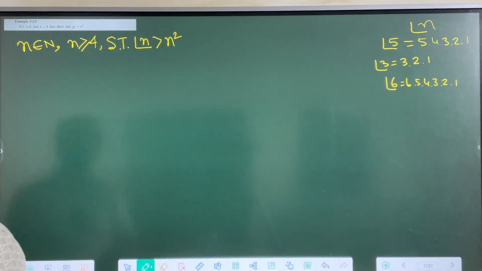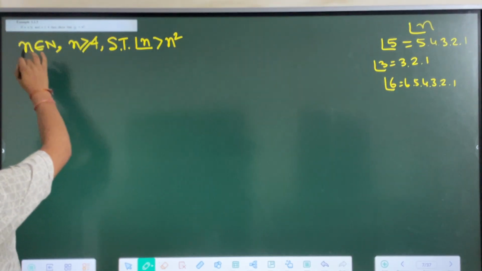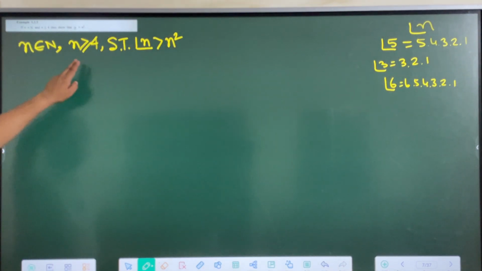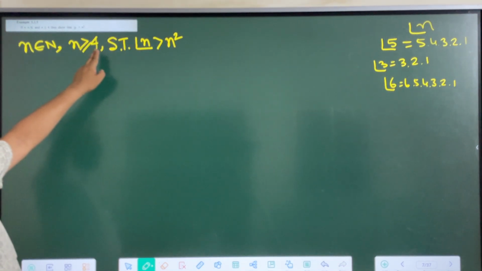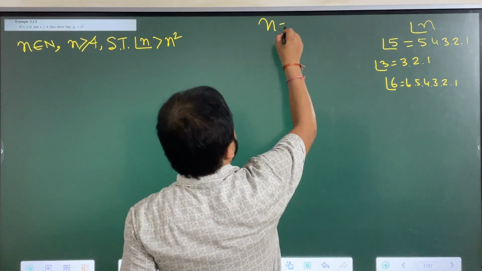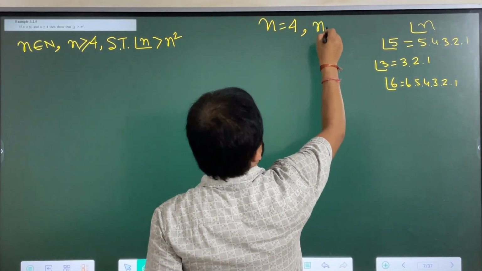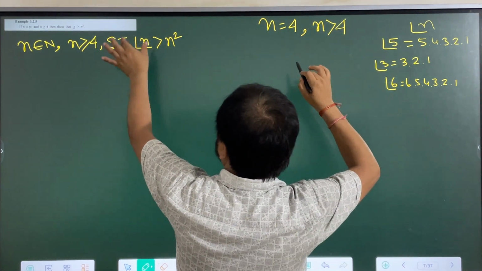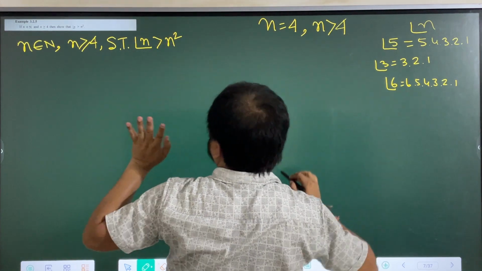Now here what is to prove? Condition is given that n is a natural number, that is a compulsory condition. This is given: n is greater than or equal to 4. N is equal to 4 and n is also greater than 4. This is the condition given to show that factorial n is greater than n square.